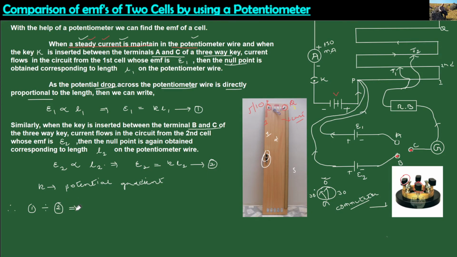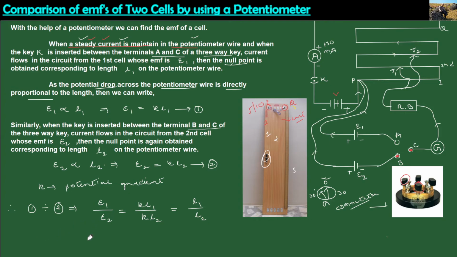When we divide equation 1 and equation 2, the left hand side of 1 divided by the left hand side of 2 is equal to K L1 divided by K L2. So by knowing the values of L1 and L2, we can compare the ratio between the EMFs.